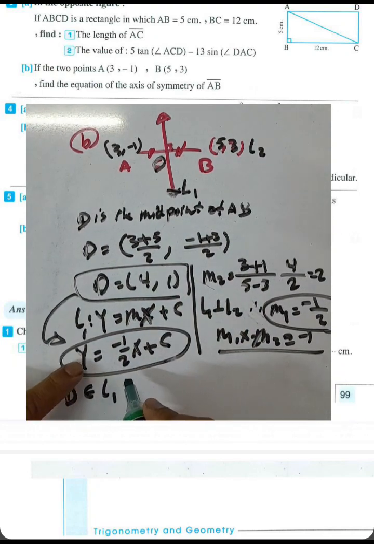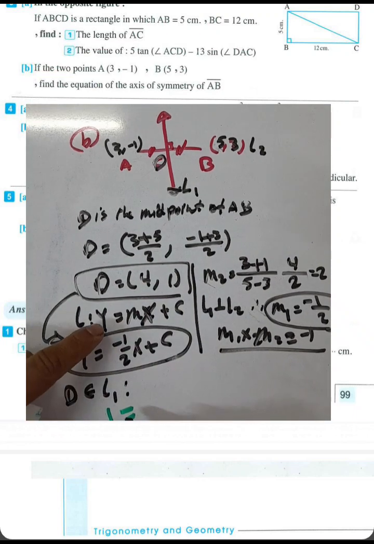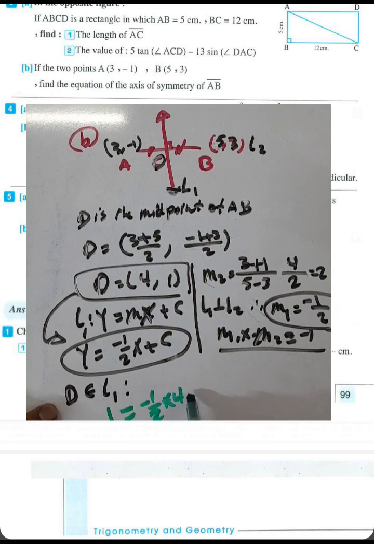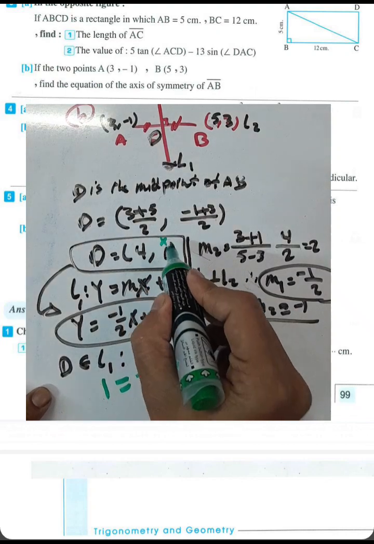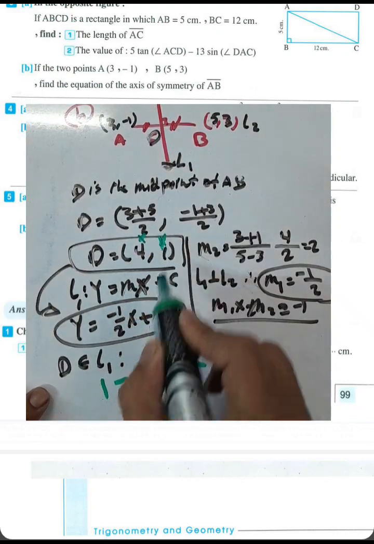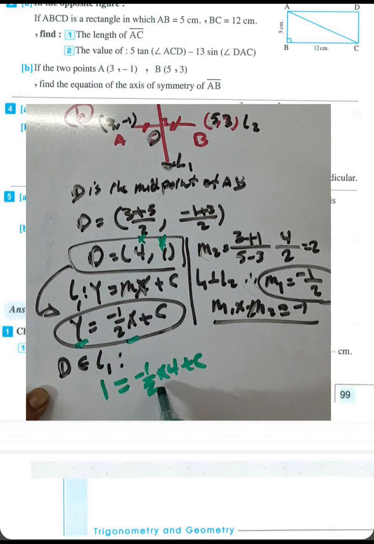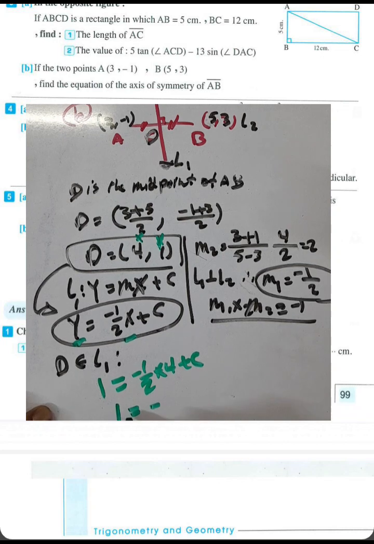Put x equal 4 and y equal 1 in this equation: 1 equals negative half times 4 plus constant.